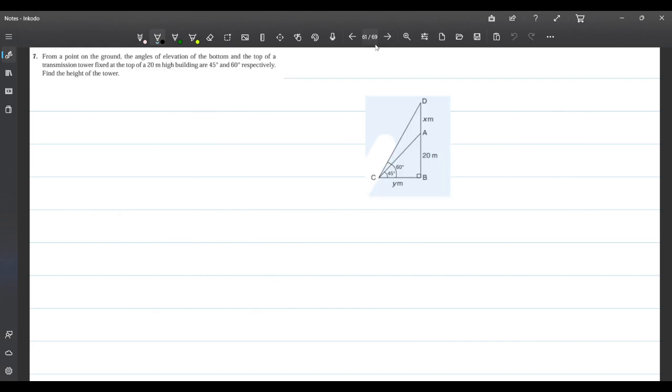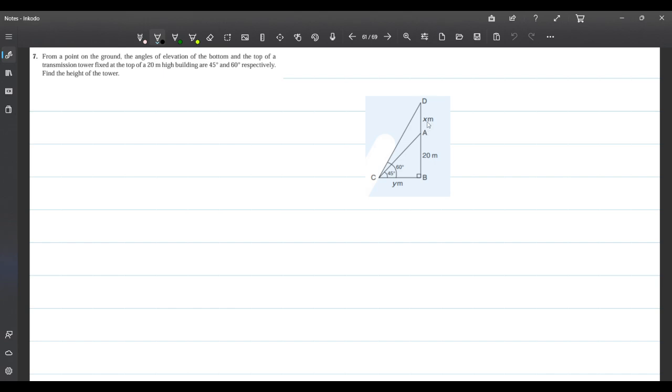Now move to the seventh question. From a point on the ground, the angle of elevation of the bottom and the top of a transmission tower fixed at the top of 20-meter height building are 45 and 60 degree. Suppose that AD is the transmission tower fixed at the top of a building BA.